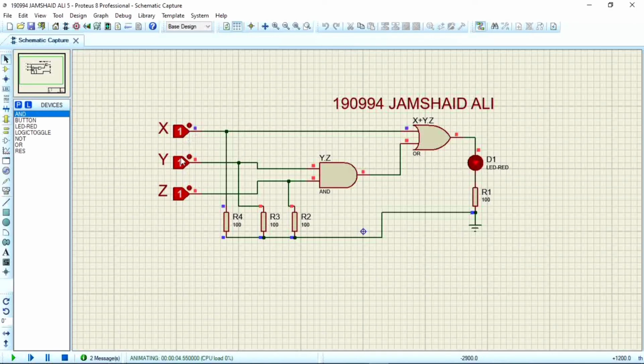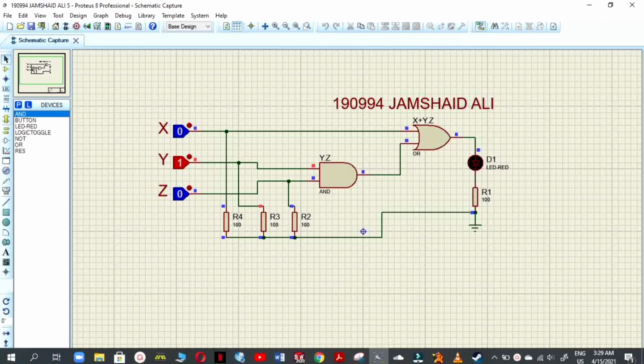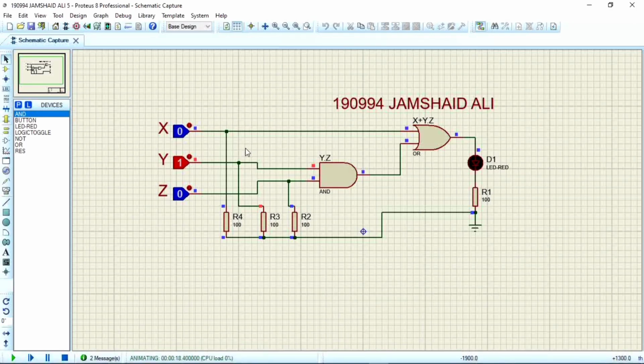If all inputs are 0, then the output will be 0. If only x is 1, then the output will be 1. If y is 1 and x is 0 and z is 0, then the output will be 0. So this is our basic Proteus circuit of function f3, and we can check all our possibilities with the help of the truth table.